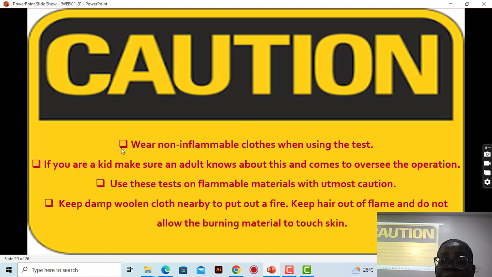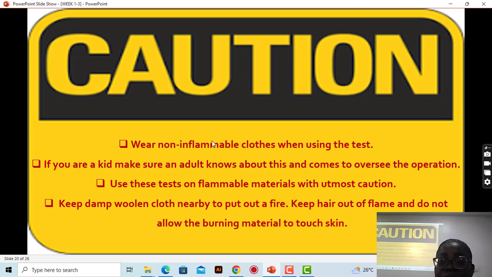You have to wear non-inflammable clothing when doing the test. Because it is fire, you are supposed to wear something that is, how have we been calling it? I forgot the name, but your clothes should be fireproof. Yes, fireproof.